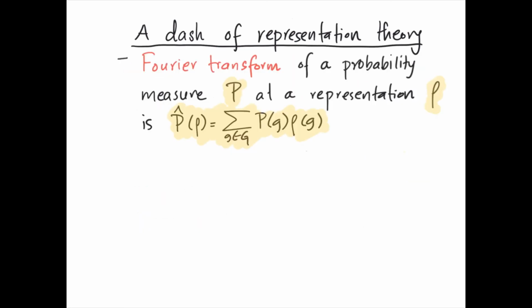A Fourier transform of a probability measure P at a representation is this sum here, and it's a generalization of the discrete Fourier transform, but also you should think about this as, if there were a 1 over the size of G here, averaging the representation over your group with respect to this probability measure.